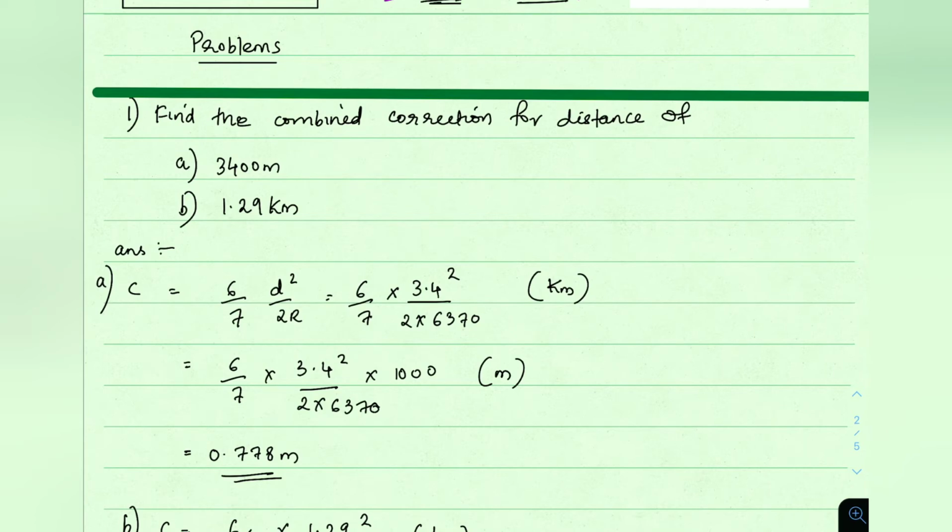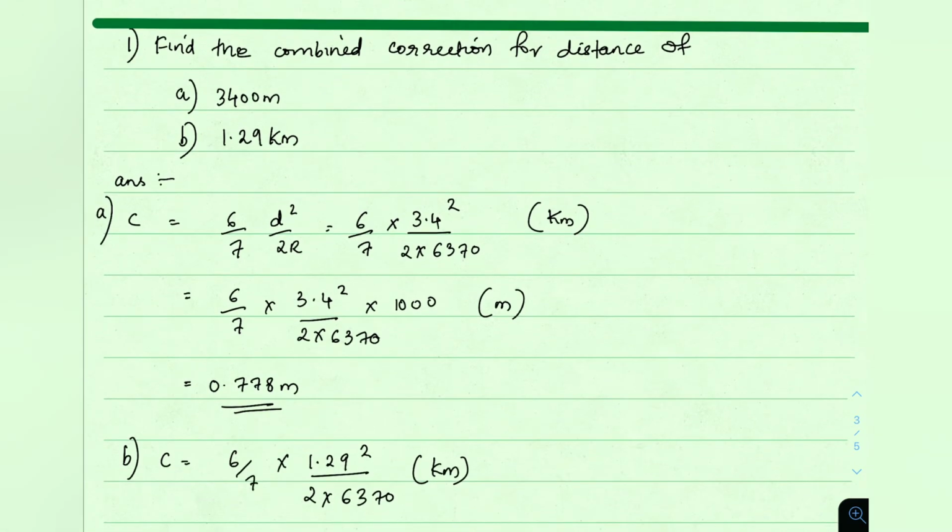Okay, find the combined correction for distance of A 3400 meter and B 1.29 kilometer. So combined correction is 6 by 7 D square by 2R and the value is negative. So 6 by 7, D is 3400 meter. If I'm putting that in kilometer, 3.4 square, 2 into 6370 kilometer.